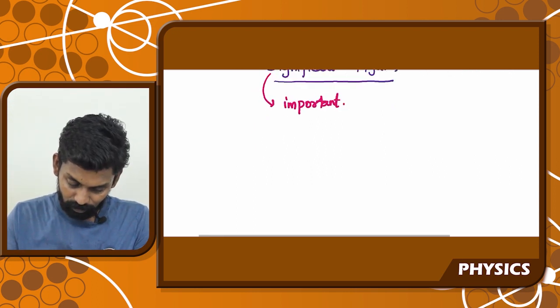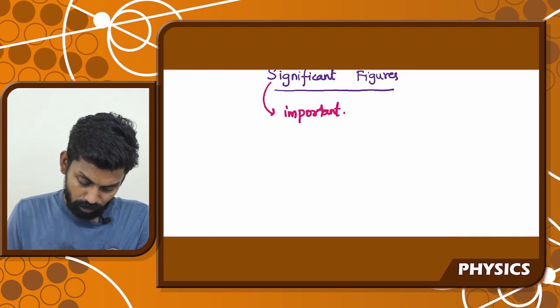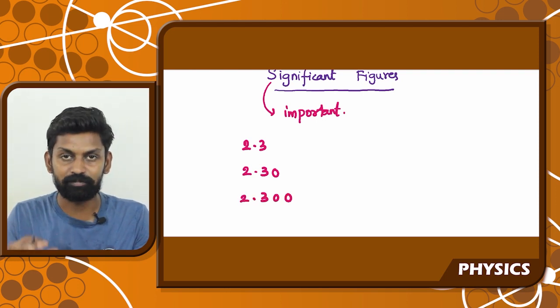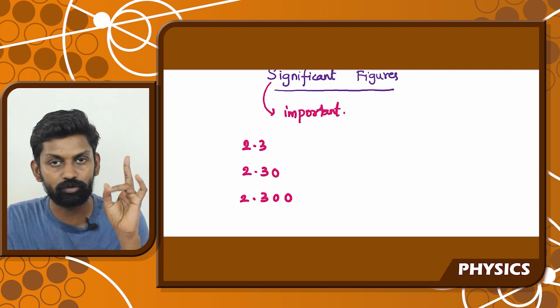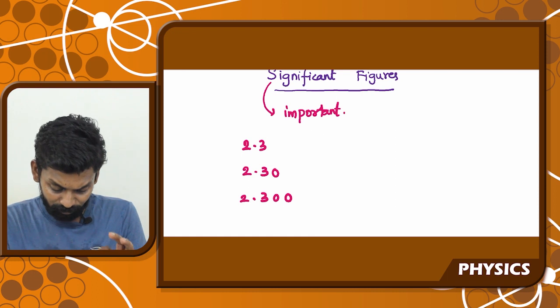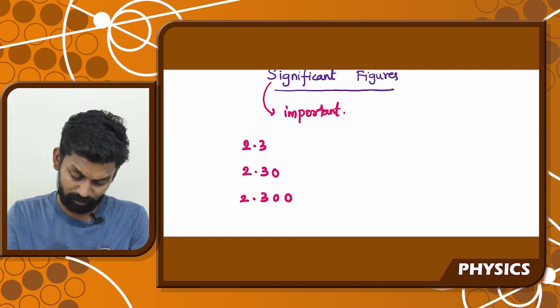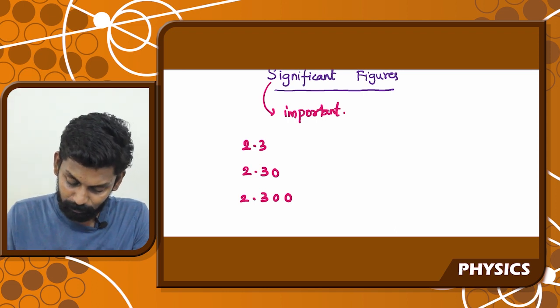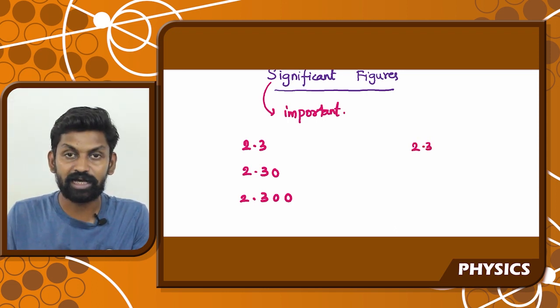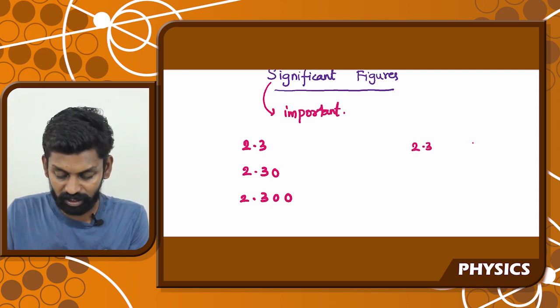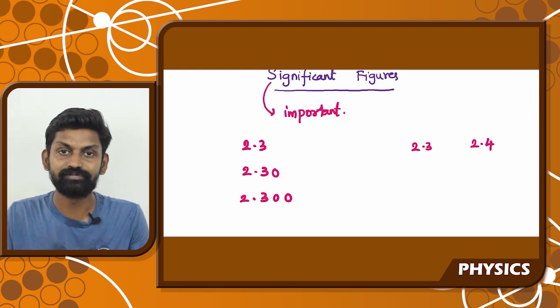See, for example, if you take the numerical values 2.3, 2.30 and 2.300, all are looking the same. Numerically, all are equal. But in terms of measurements, 2.3 is correct only up to 2.3. Using that measuring instrument, you can measure 2.3 or next you can measure 2.4 only.